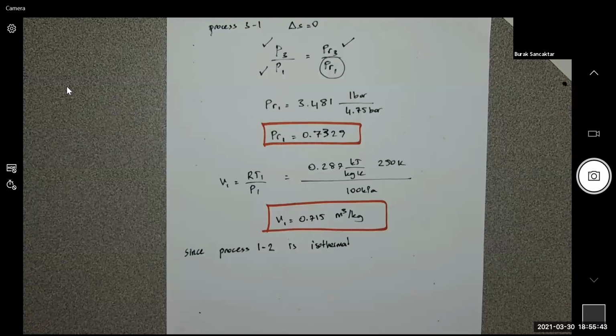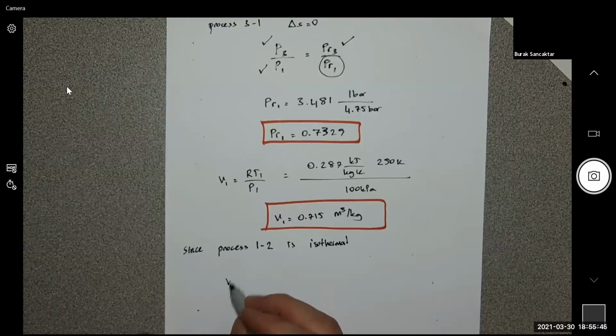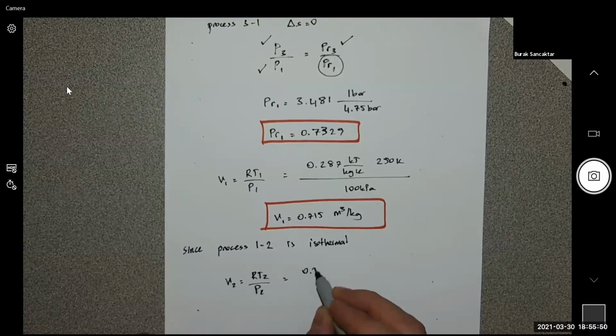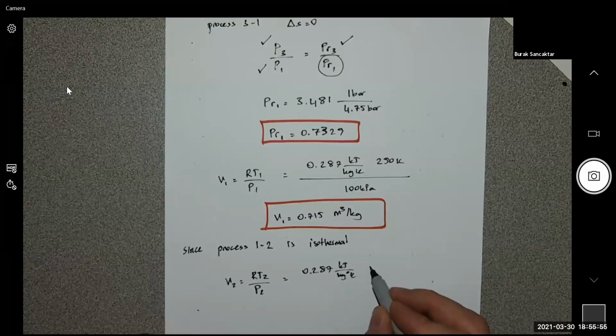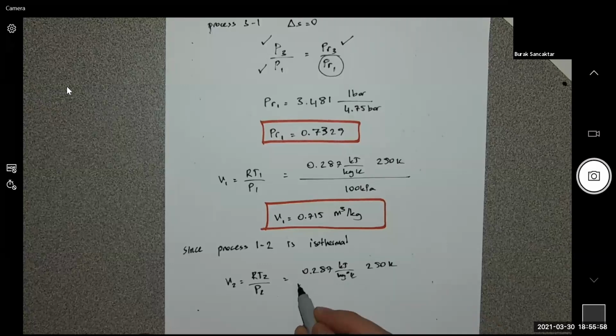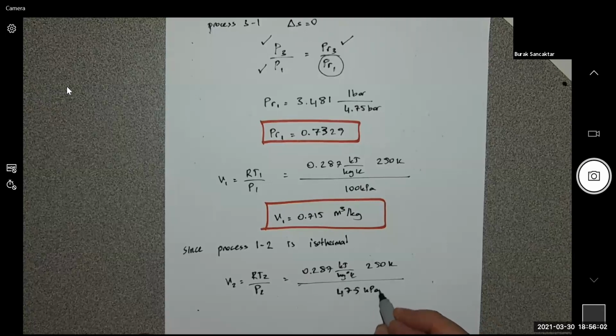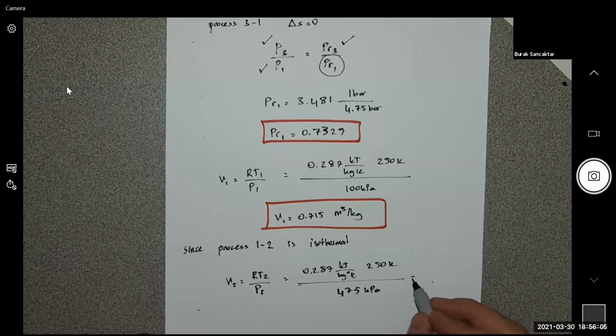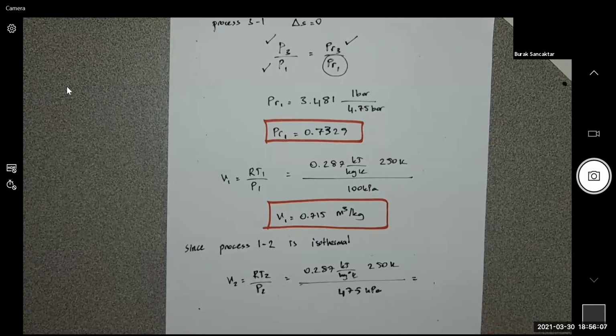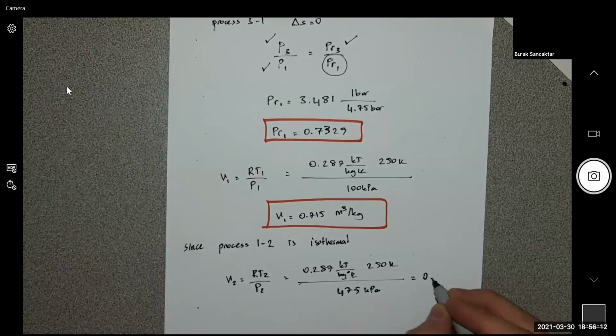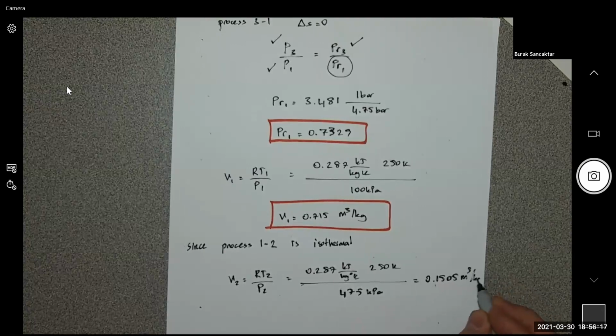Okay. So specific volume at state 2 is R T2 over P2, right? 0.287 kilojoules per kilogram per Kelvin times 250, over 475 kilopascal, which gives us 0.1505 meter cubed per kilogram.